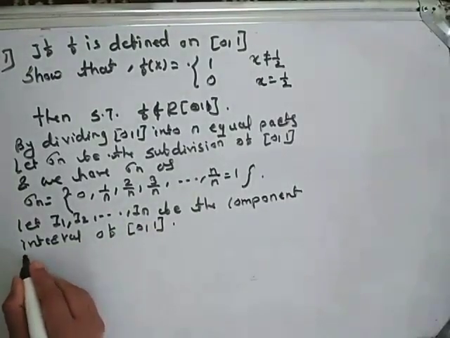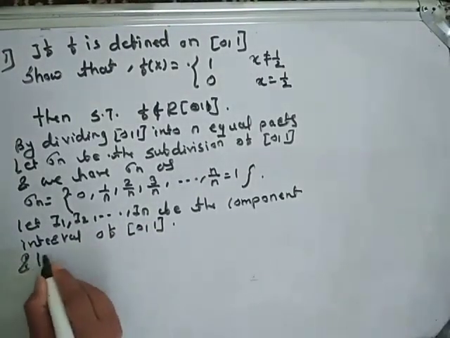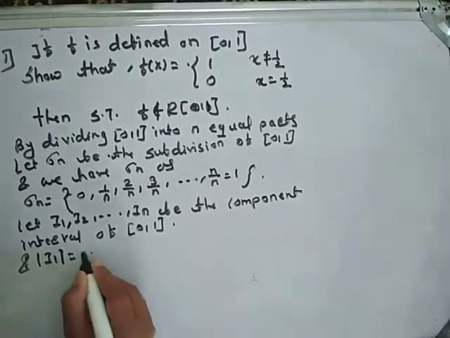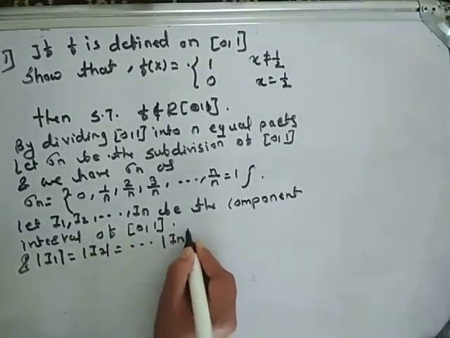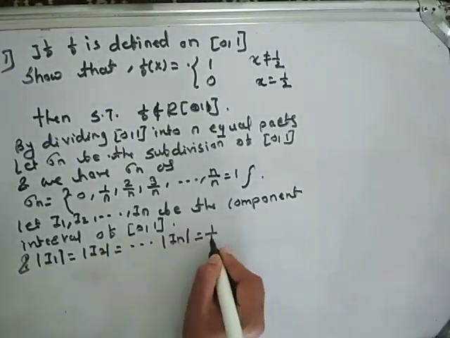Okay. And length of I1 is equal to length of I2 is equal to, and so on up to length of In is equal to 1/n.